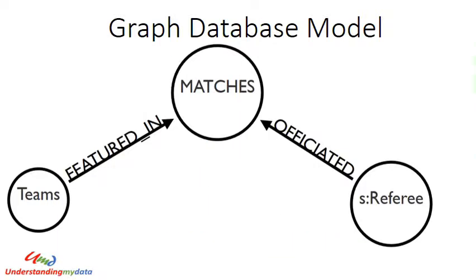Graph database model. Now this is what you could term as a graph. You have three nodes.